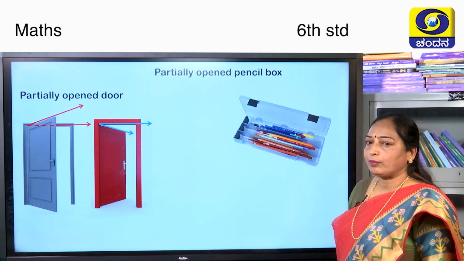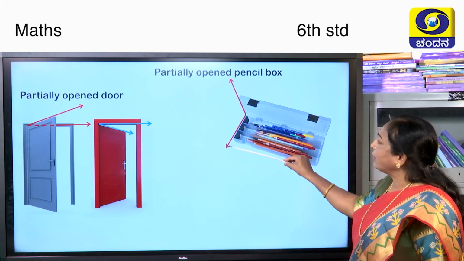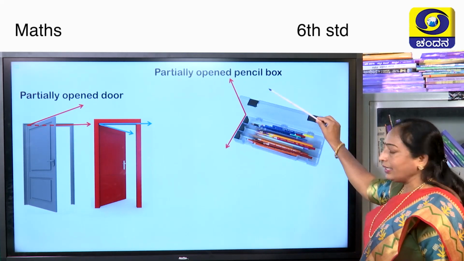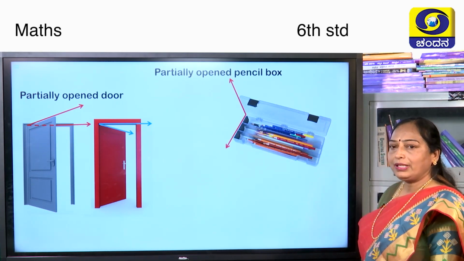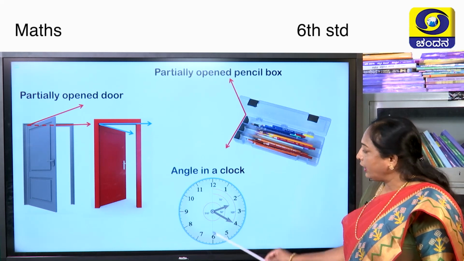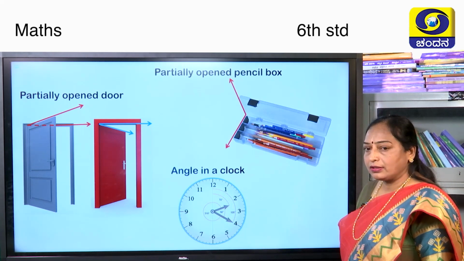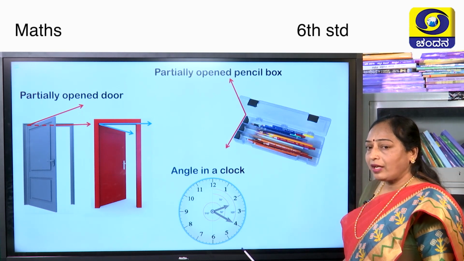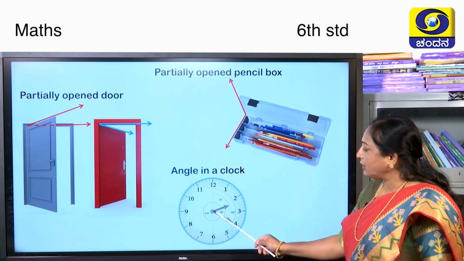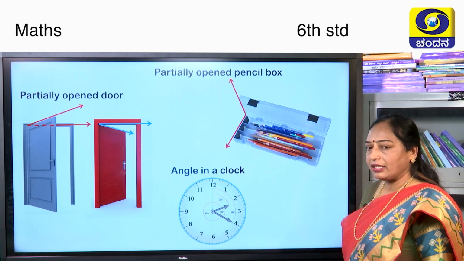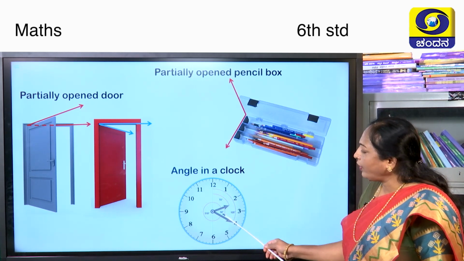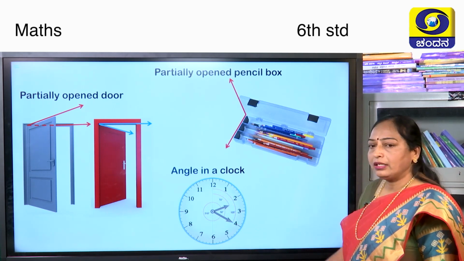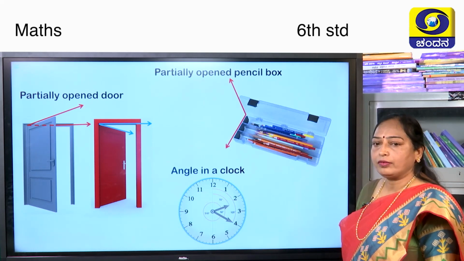In a partially open pencil box, we can see the angle between the lid and the base of the pencil box. Angle in a clock: it has two hands, the minute hand and the hour hand. Every time they are changing, their angle changes. We can see different types of angles in a day.